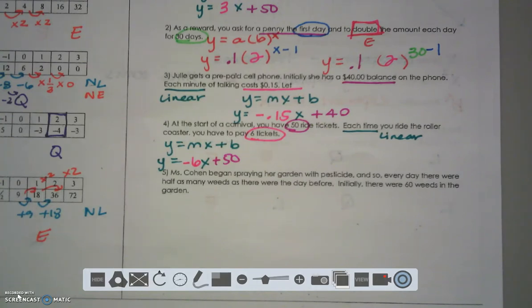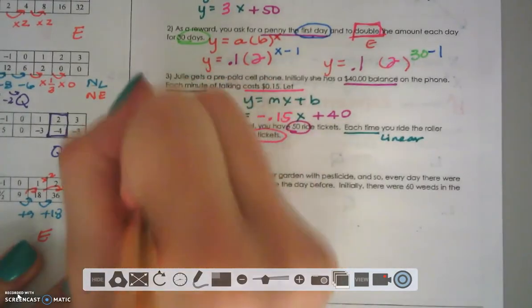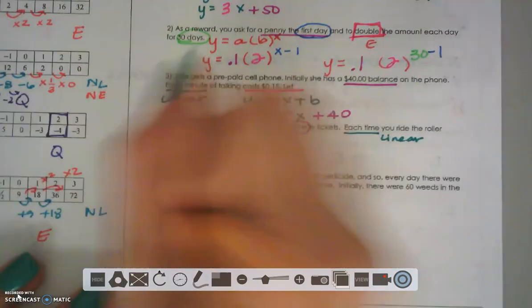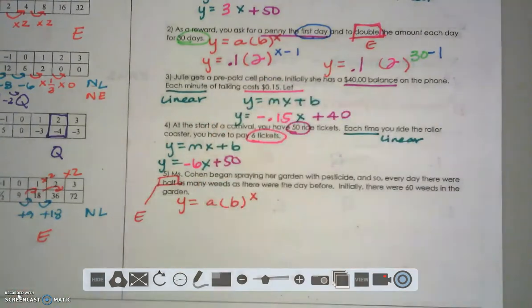Last example, Miss Comb is again spraying her garden with pesticide, and so every day there were half as many weeds as there were the day before. Initially there were 60 weeds in the garden. This word half, if I'm halving something, I'm multiplying by 1/2 every time. So I need the y equals a times b raised to the x function.